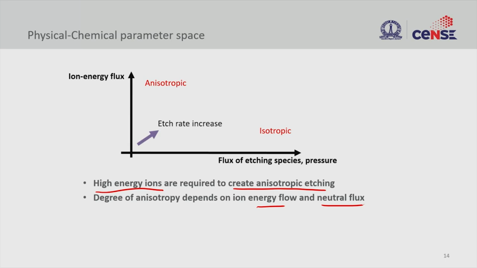So let's look at what the implications of this are. If the flux of your etching species is very high with very low ion energy, you will have isotropic etch. Low neutral species, and then low ions coming in, you will have isotropic etch.